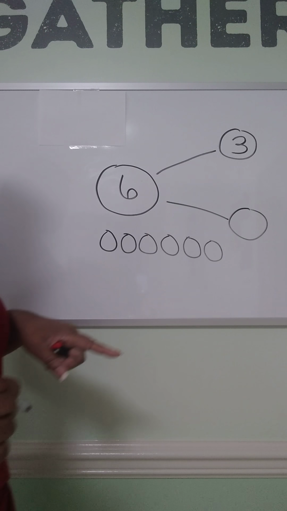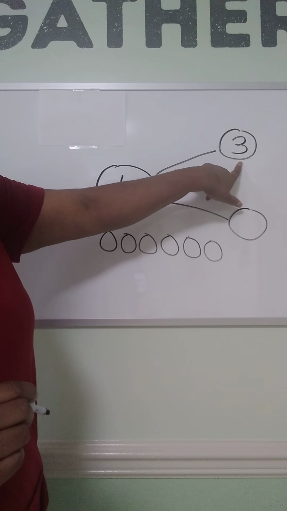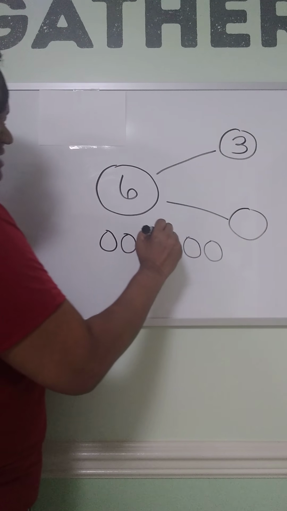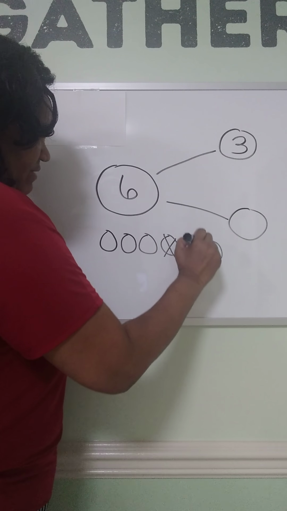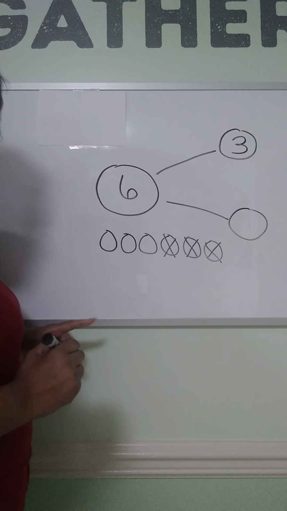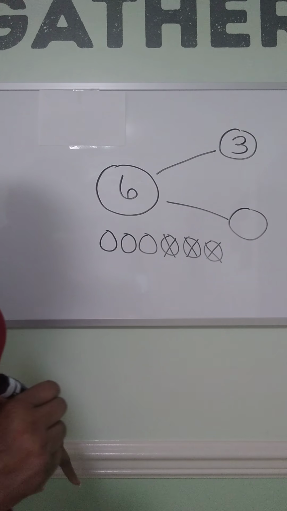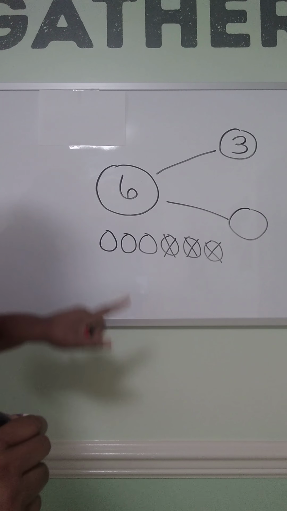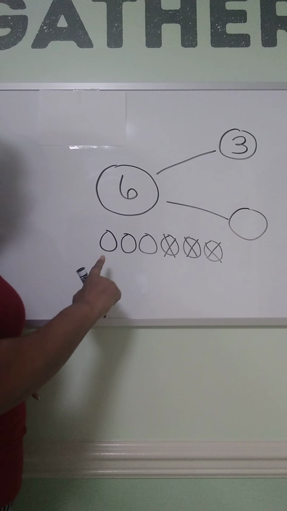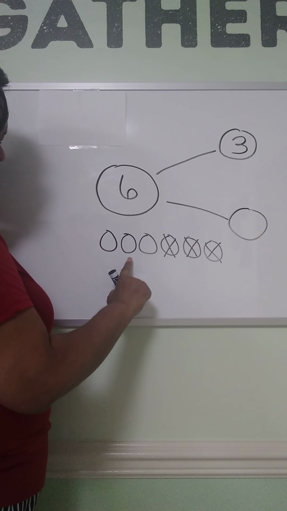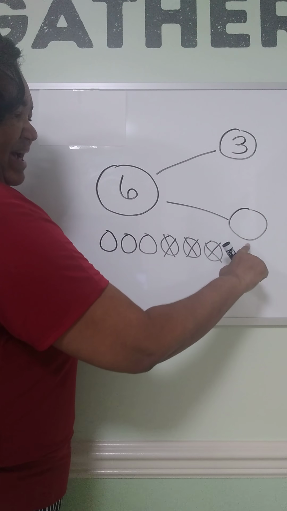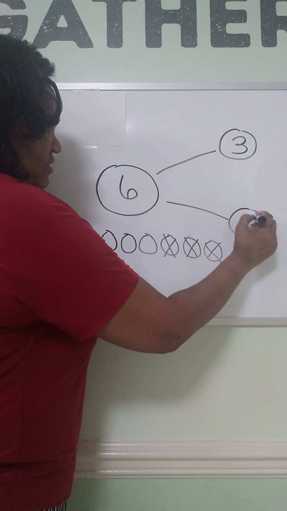Now it tells me in the very top space to take away 3. So I'm going to take away 3. I X'd out 3 circles. Okay, so now let's see how many circles are left. Let's count them. 1, 2, 3. So I will put in the bottom circle 3.